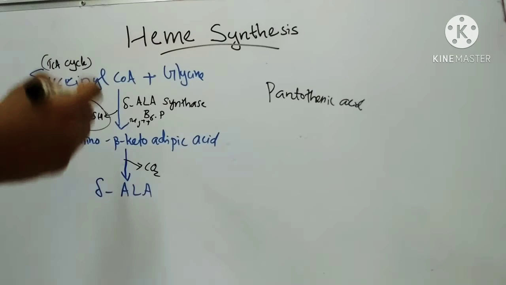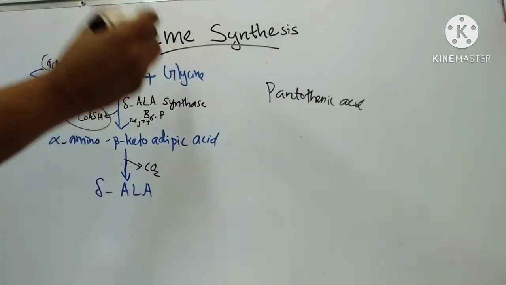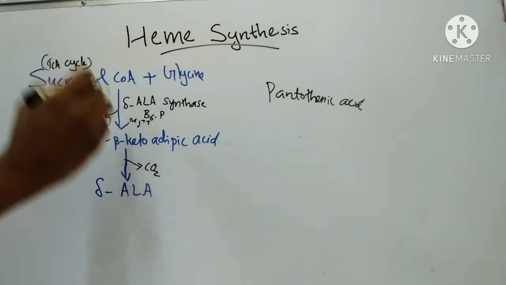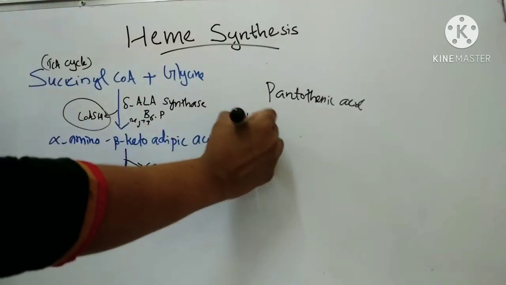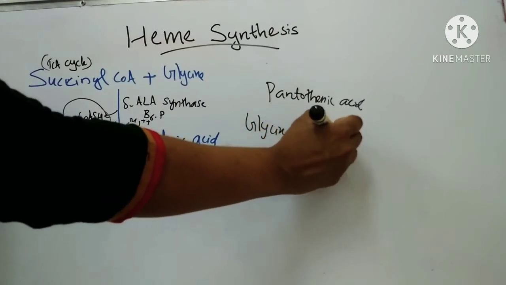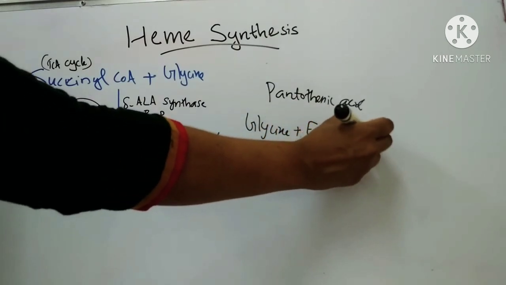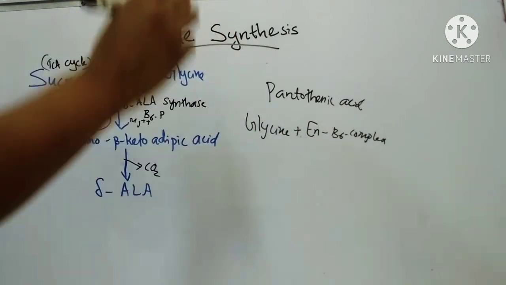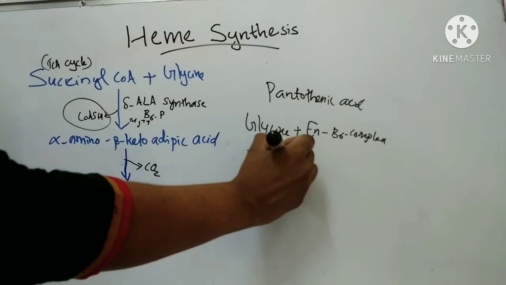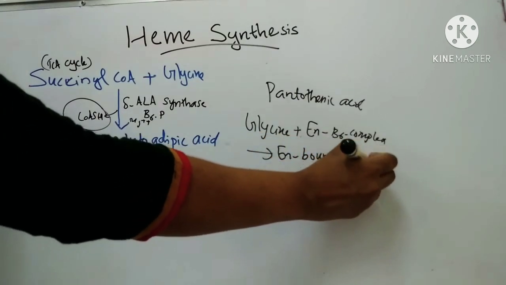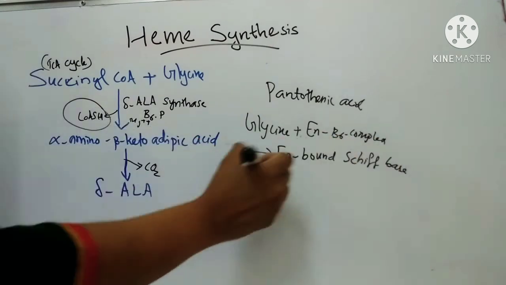Coming to the mechanism of action, glycine first combines with the enzyme B6 complex, and it forms enzyme bound Schiff base.